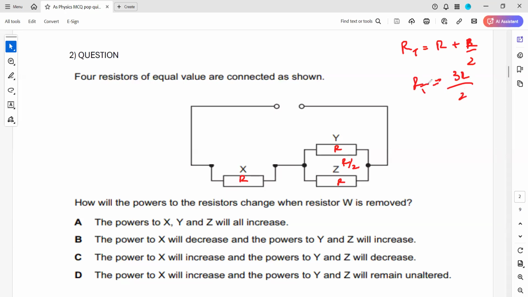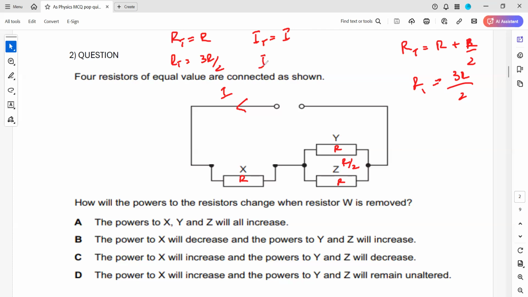That is the combined resistance. If the combined resistance is 3R by 2, what will be the total current now compared to the first circuit? In the first circuit, when the total resistance was R, the total current was I. Now the total resistance of the circuit is 3R by 2, meaning 1.5 R.